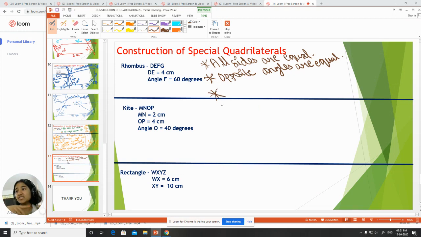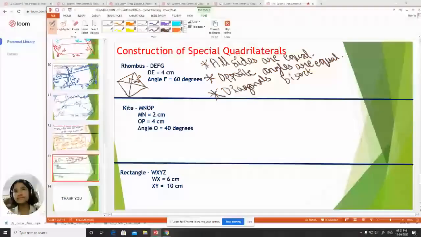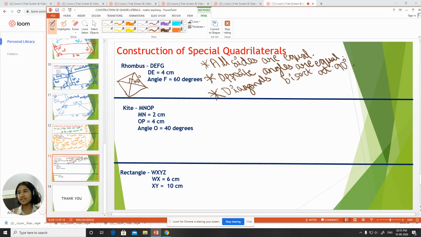Diagonals bisect each other at 90 degrees. That means if this is your rhombus, then your diagonals will bisect at 90 degrees. Done? Okay, so let's move on to the next one.